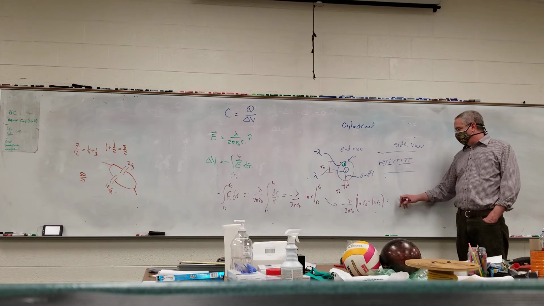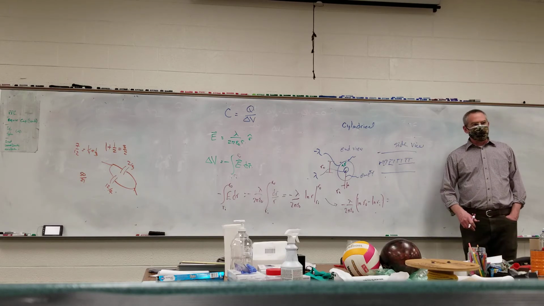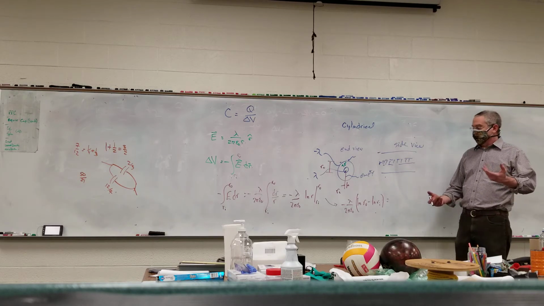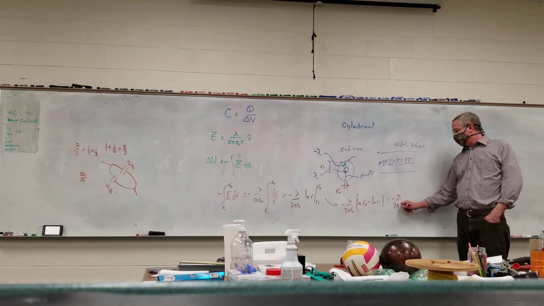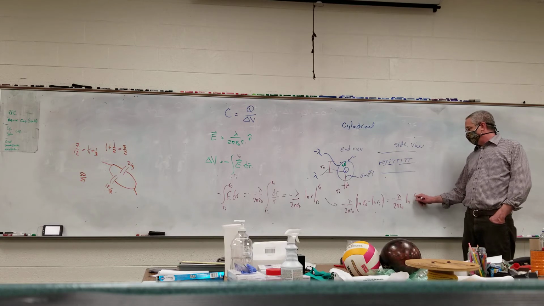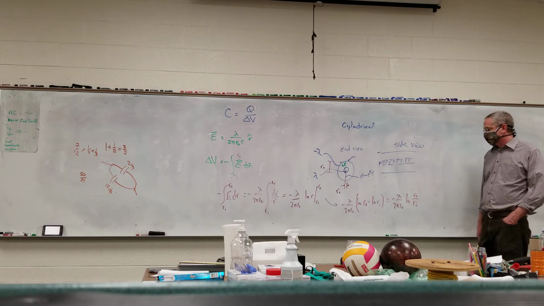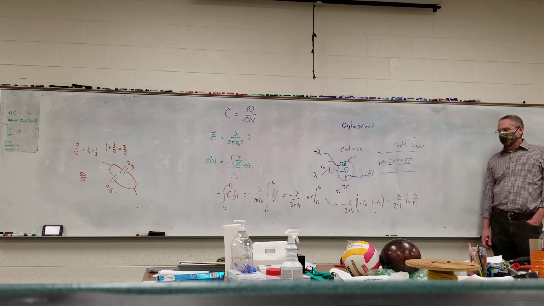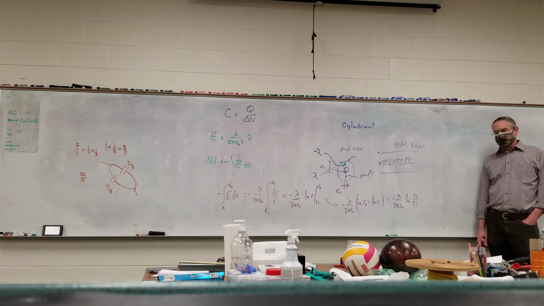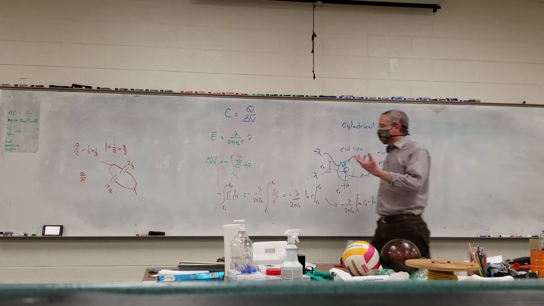It depends on what form you want it in. Typically, if you got the difference of natural logs, you go ahead and combine it. So I got negative lambda over 2 pi epsilon sub naught, natural log of r outer over r inner. That is the potential difference between my positive and negative cylinder.